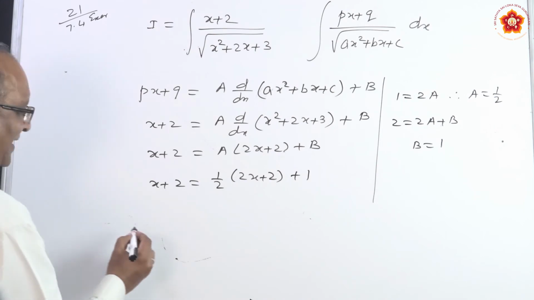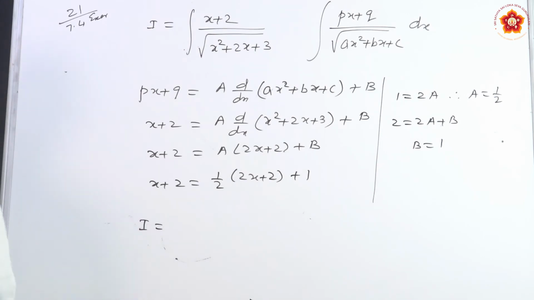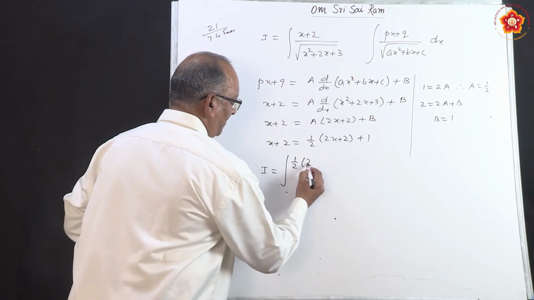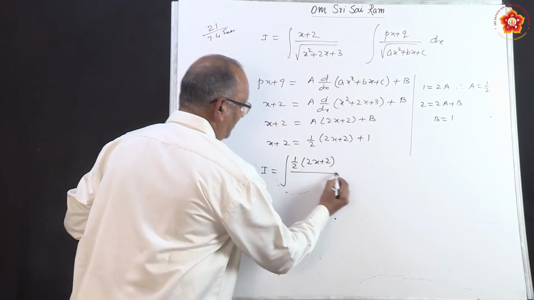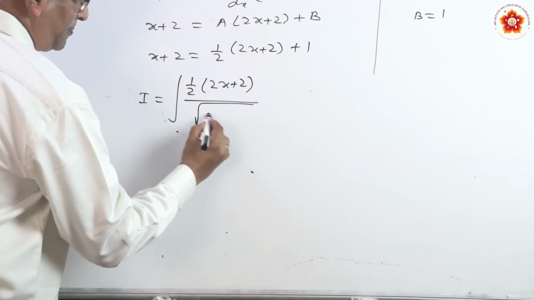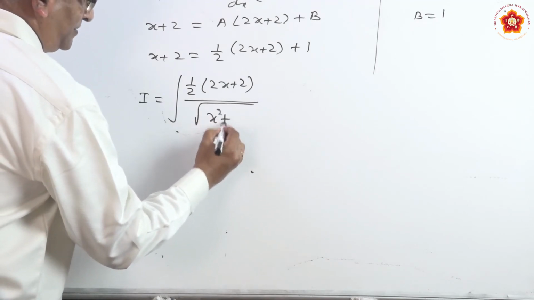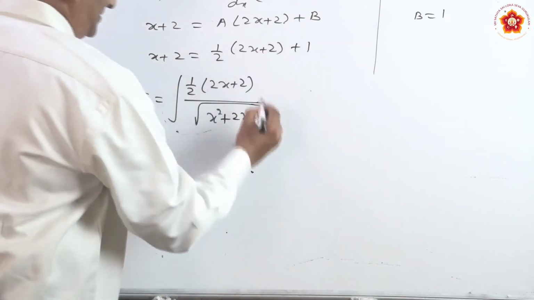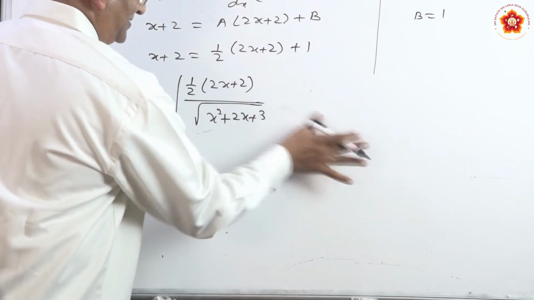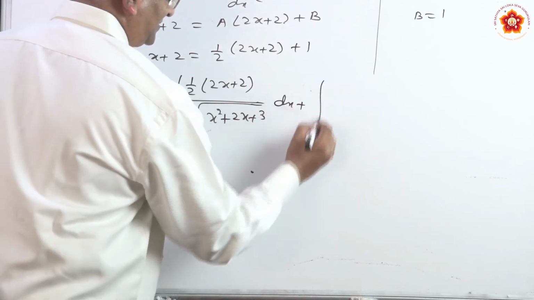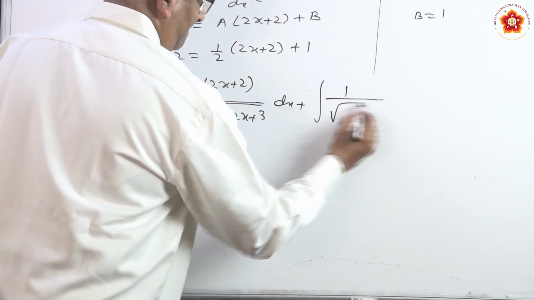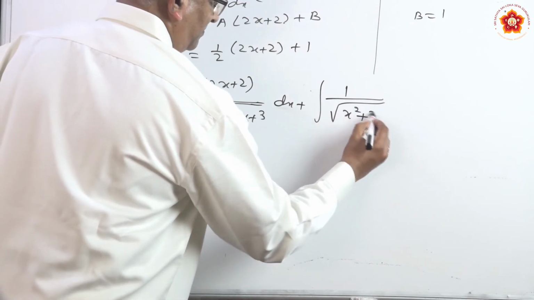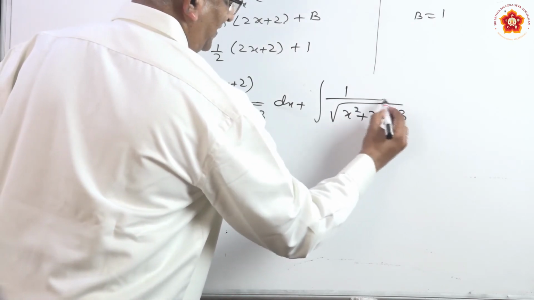So, the integral can be written as the integral of 1 by 2 into 2x plus 2 upon under root of x square plus 2x plus 3 dx, plus the integral of 1 upon x square plus 2x plus 3 dx.